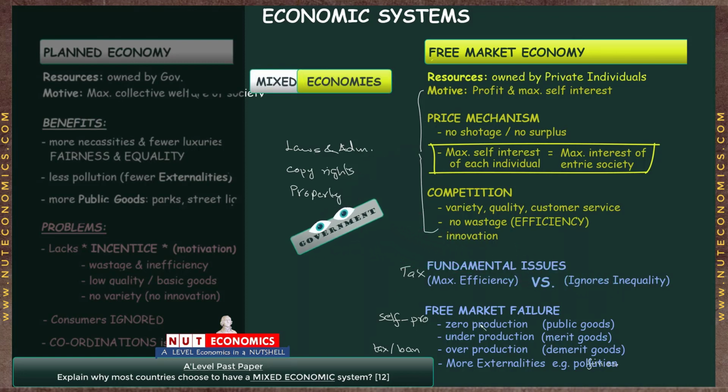Now, countries like USA and Hong Kong and New Zealand are very free market economies with just very little government interference, whereas countries like Sweden and other Scandinavian countries again are free market economies, but with slightly more government interference. But all of these economies, remember, as long as there is at least some government interference, then technically we are talking about mixed economies.